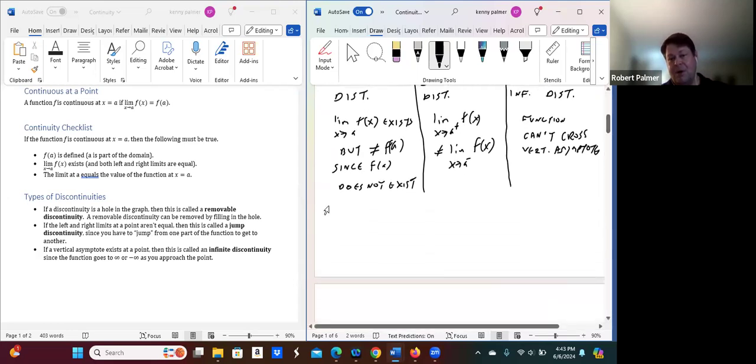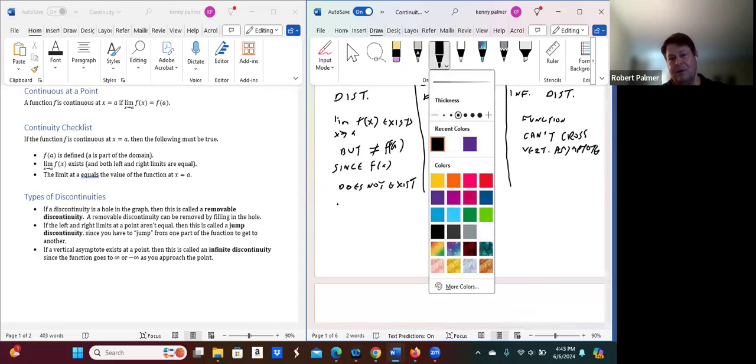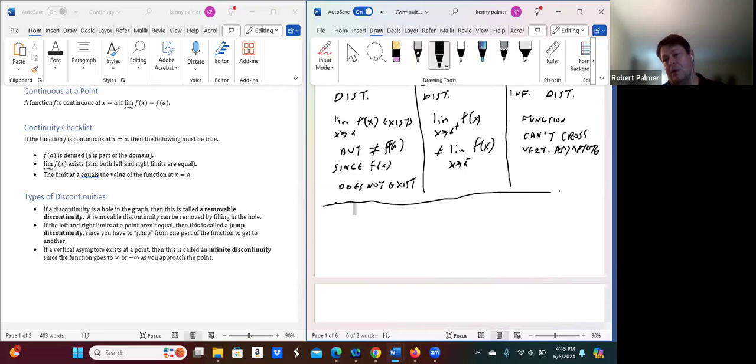Okay, so let's go right below and look at a quick example right here. Let's make another function value. Let's say here is our a, so this is our point x equals a, and let's call our y value L. A lot of times L is used for this for different reasons.